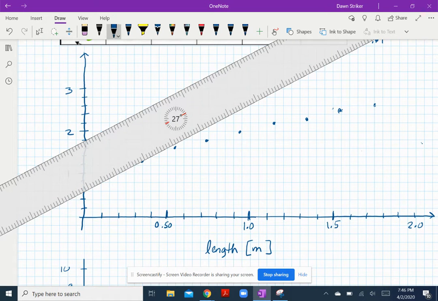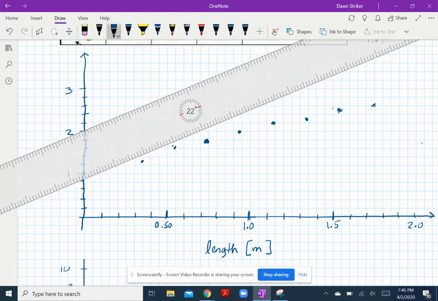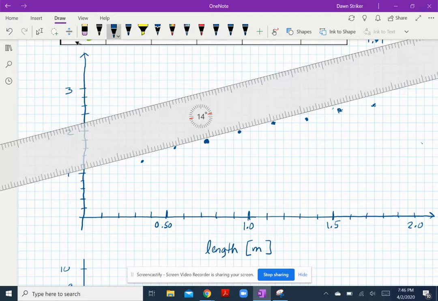So here I've got one point to the next, and I notice that all of the rest of these points are below my ruler. They're not scattered above and below, they're below the ruler. As I go to the next point, they're still below the ruler.